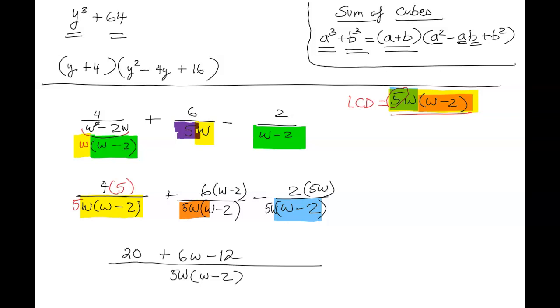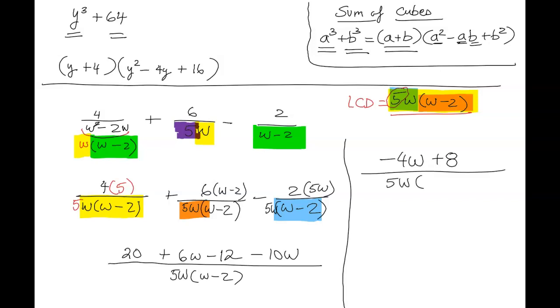And then negative 2 times 5w, that's 10w, so minus 10w. Okay, so what I want to do is combine the like terms. So I'm going to the next step now. 6w minus 10w, that's negative 4w. And then 20 minus 12, that's 8, plus 8, over 5w times w minus 2.